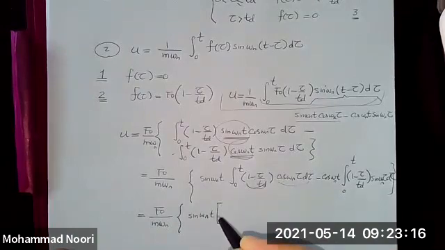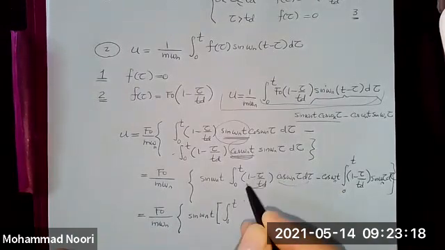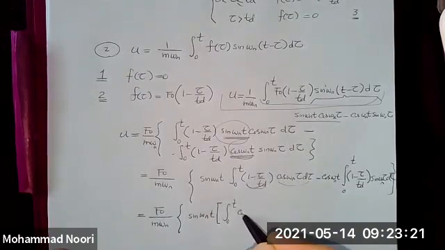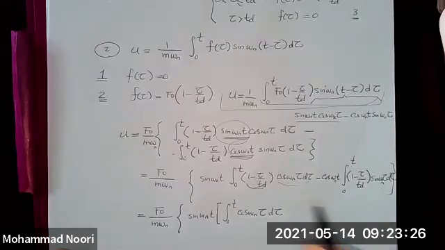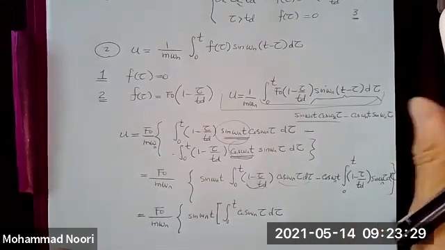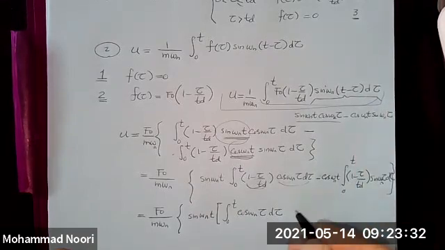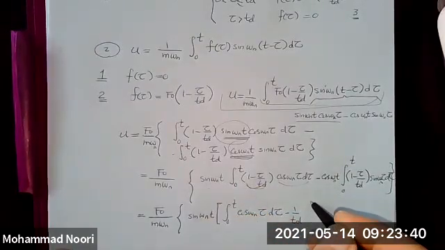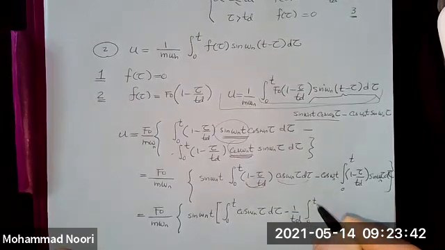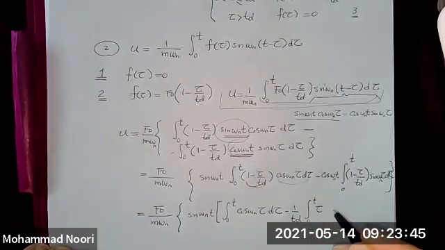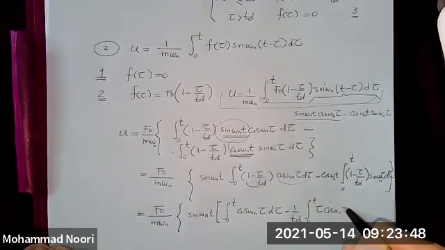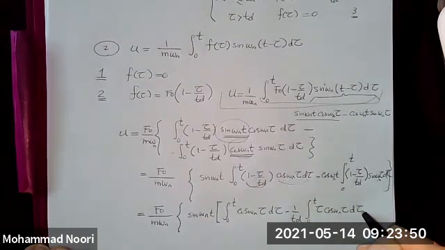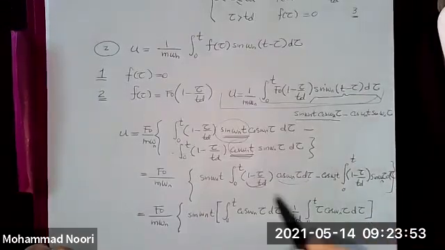You have one integral from 0 to t of 1 times that, so that's cosine omega n tau d tau, minus 1 over t_d, because 1 over t_d is a constant, so take that out of the integral from 0 to t of tau cosine omega n tau d tau.